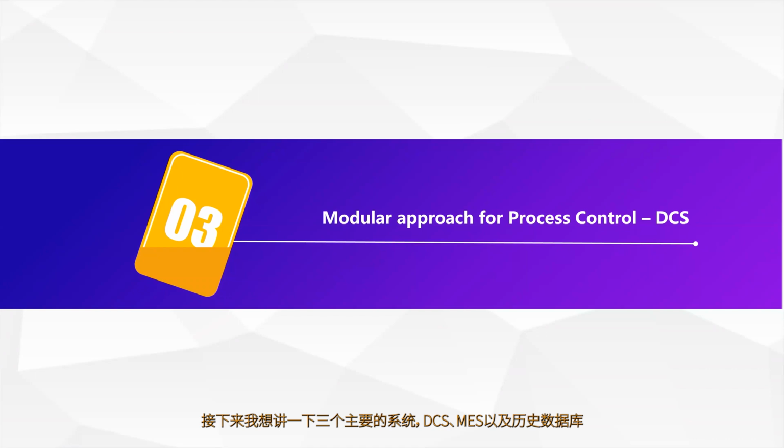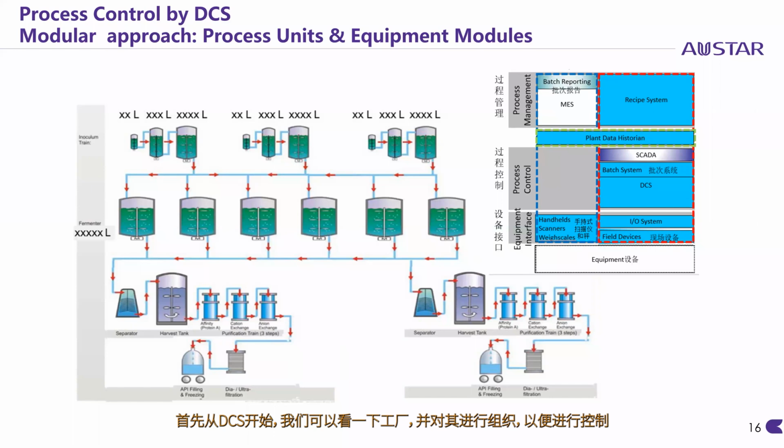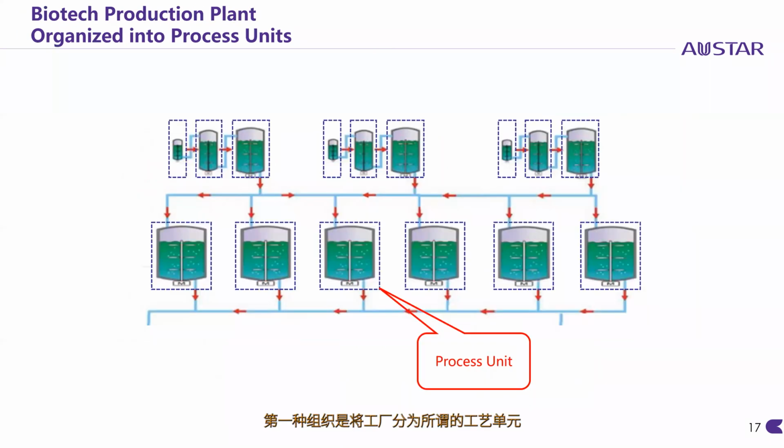Now I would like to go through these three main components, DCS, MES, and historian, and I start with DCS. In the DCS, we look at the plant and try to organize it so we can control it. The first type of organization is that we divide the plant into so-called process units.